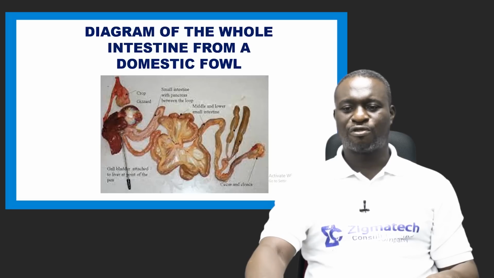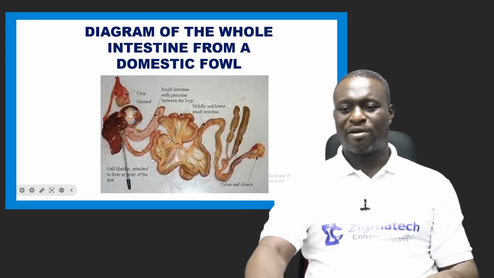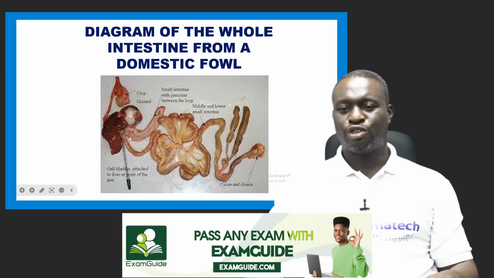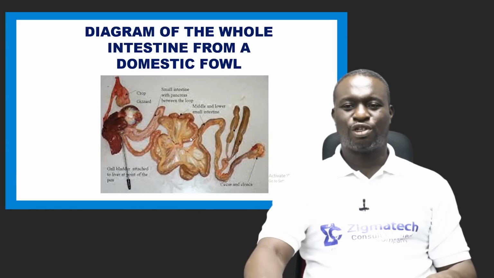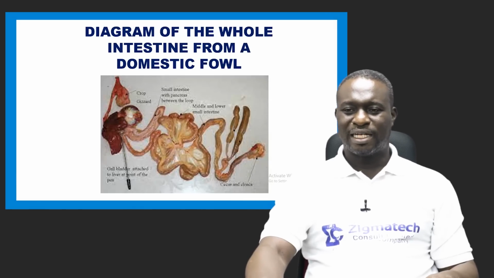You can see it there beneath where you have this arrow pointing at it. You then also have the small intestine with the pancreas. So this is the pancreas. We then also have the duodenum, where this is the duodenum, and then this is the small intestine where digestion is actually completed and absorption takes place. Digestion completed, absorption takes place.